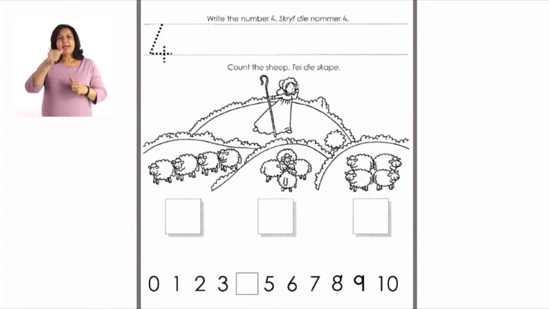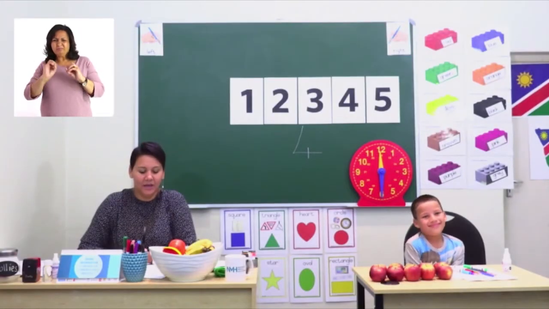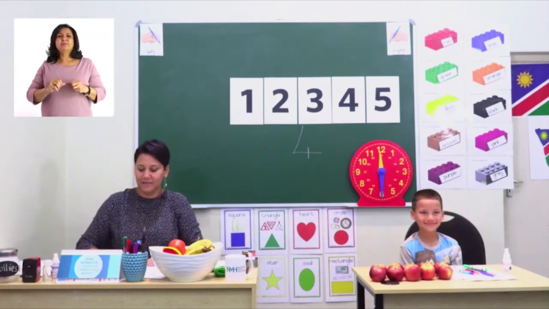Remember, you may now write number 4 on the line on top, and you may count Mary had a little lamb, and then you may write number 4 in the blocks below the sheep, and then when you look at the number line, see what number is missing, and then you fill in the number line. You may enjoy coloring this page.